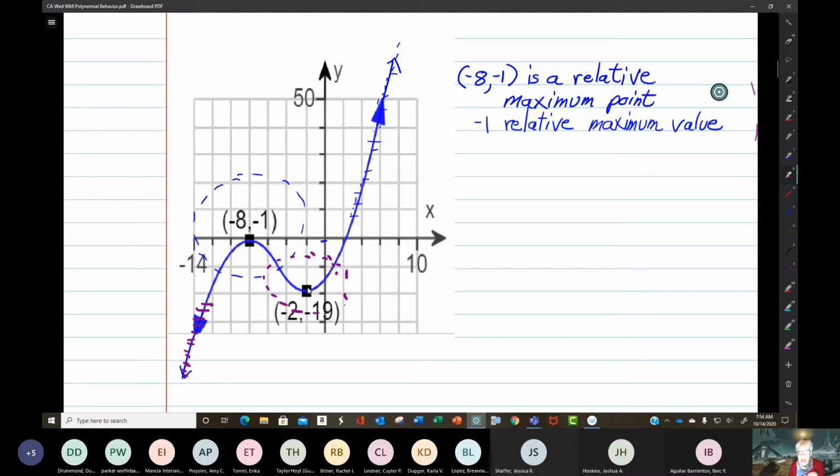So this is not the absolute lowest point on the graph, but in its own area, it is the lowest point. It's the relative minimum point. So -2, -19 is the relative minimum point.